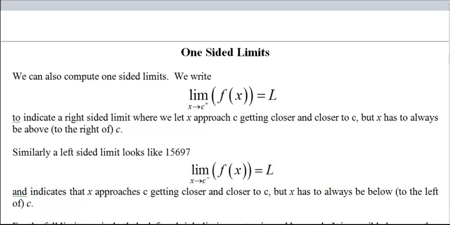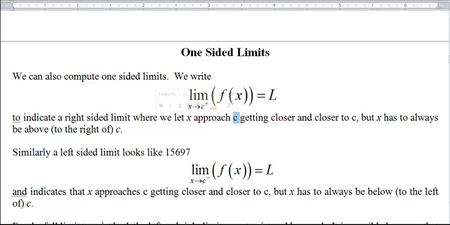We let x approach c, getting closer and closer to that value, but x always has to be just a little bit to the right of c. If c is a negative number, x will still be on the right side of c. So the plus doesn't necessarily mean a positive number, it just means from the right side.